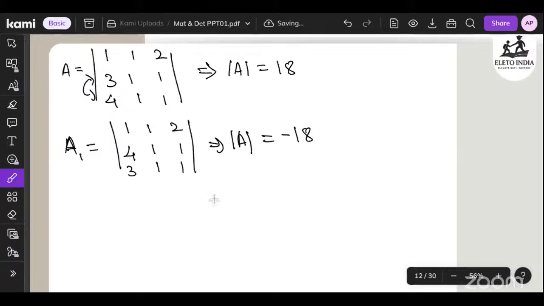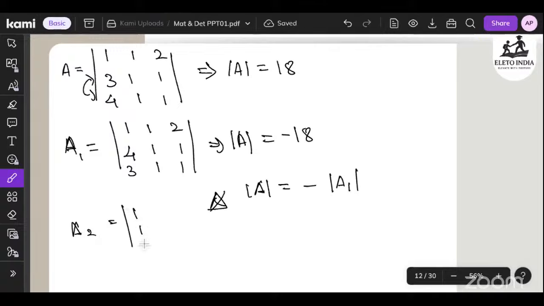It is nothing but that the determinant of A is equal to the negative of the determinant of A1. Is it clear? A1 is nothing but we have just interchanged the rows. Or else, if you take A2, we can change the columns also.